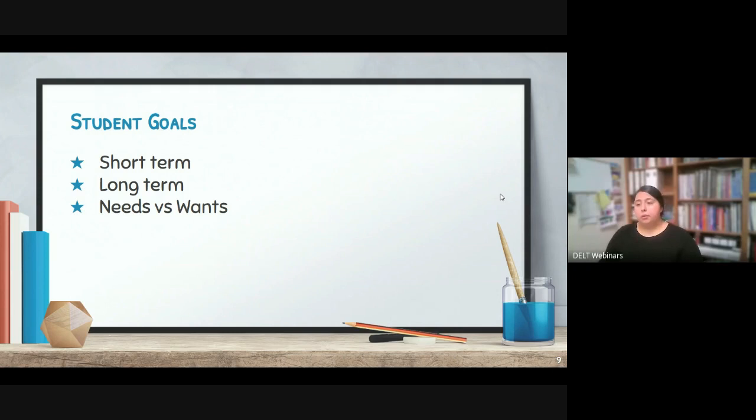So their long-term goal would be until the end of our school year, whereas a short-term goal would be every 4 weeks. So short-term really has your own definition. Whatever you feel a short-term goal is for your class and your program, that's going to be it.